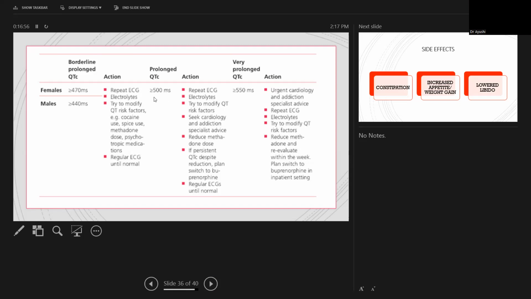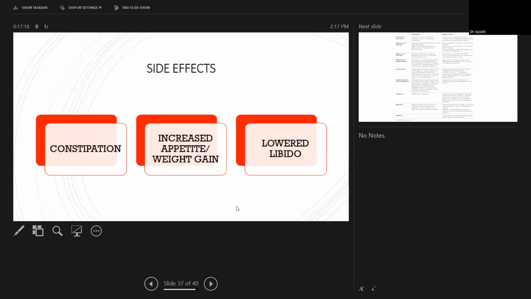If prolonged QT is greater than 500, then we repeat the ECG, send serum electrolytes, and seek cardiology and addiction specialist advice. If it is greater than 550, then we do an urgent cardiology referral. The side effects of methadone are constipation, increased appetite, weight gain, and lower libido.